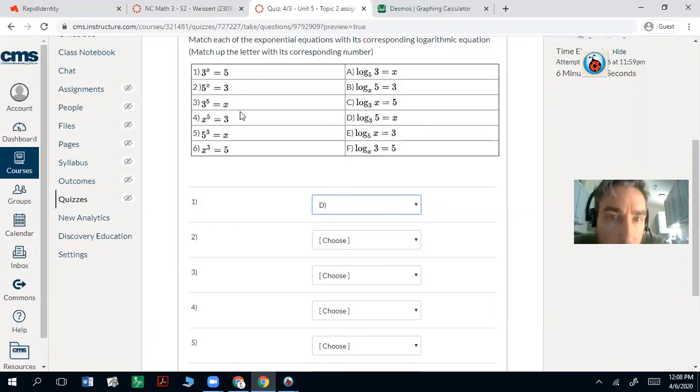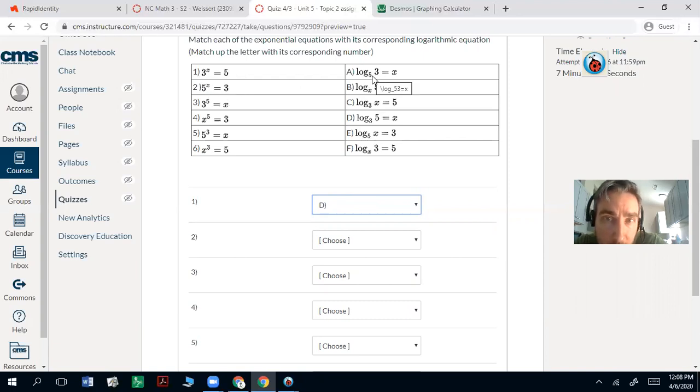Let's do maybe one more. I'll do maybe 2 or 3 on this. So 5 to the x power equals 3. So what's your base here? Is it 5, x, or 3? Well, it's 5. So go over to the log and find the base that has 5. A has a base of 5. And so does E. So it could be one of those two. Now I want to split up the x and the 3. So we don't want the 5 with the x here.